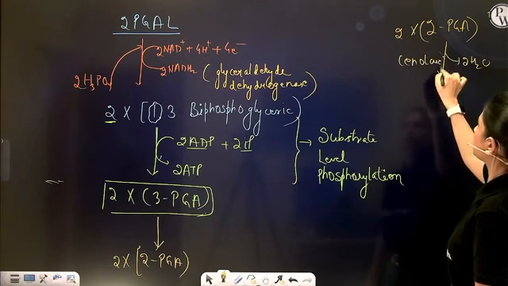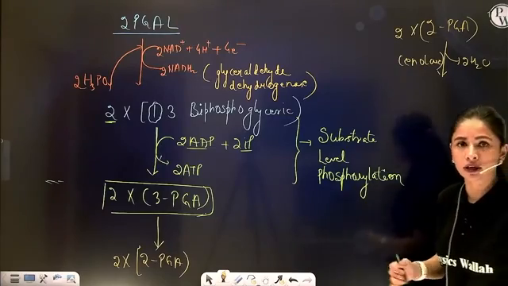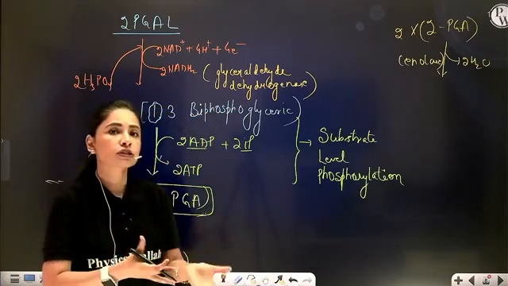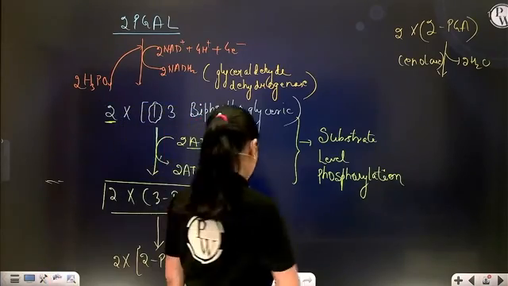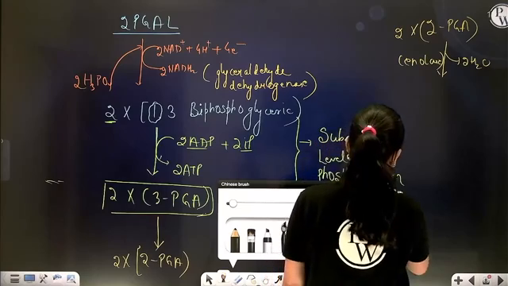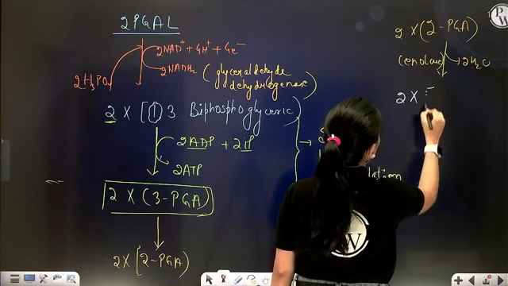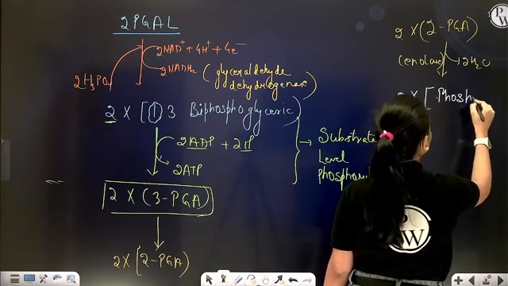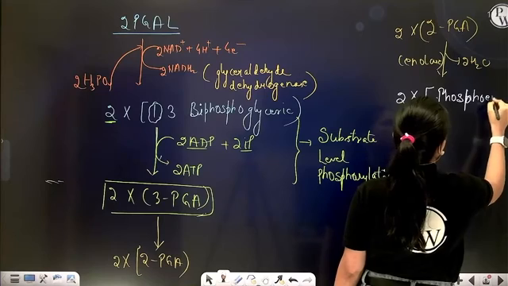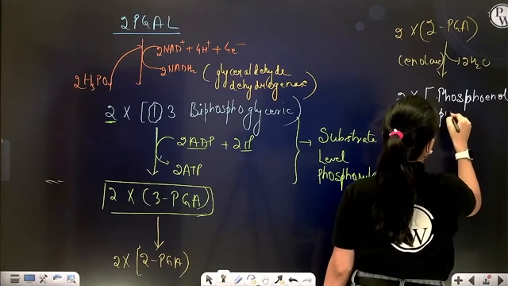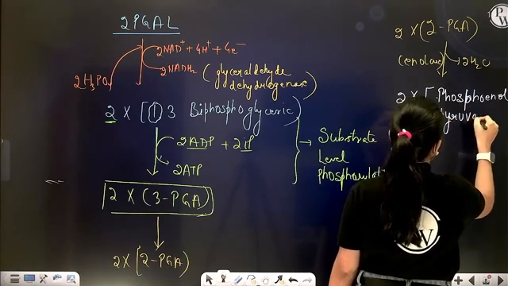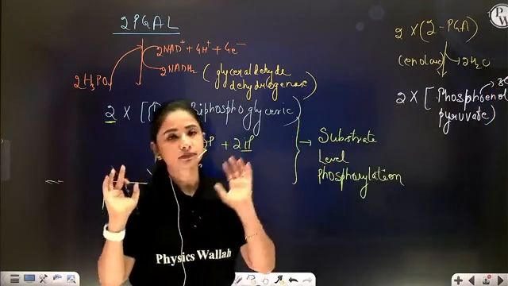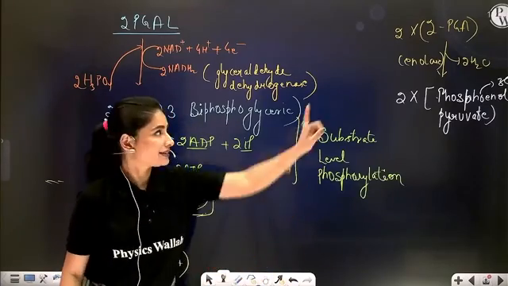So enolase will remove water from PGA and will produce 2 molecules of phosphoenol pyruvate. It is also a 3 carbon compound. Correct? Finally, this is the 9th step.